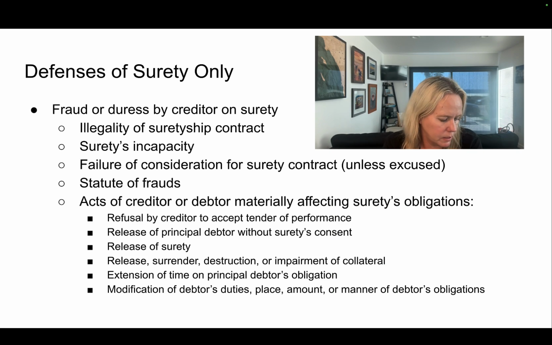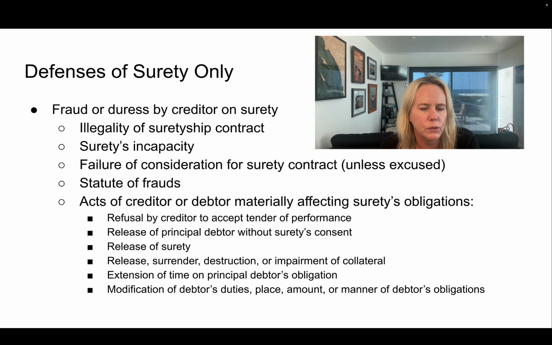The defenses of the surety only: fraud or duress by the creditor on the surety, illegality of the suretyship contract, the surety's incapacity, failure of consideration. So again, these are all contract defenses. The statute of frauds, acts of the creditor or debtor materially affecting the surety's obligations.